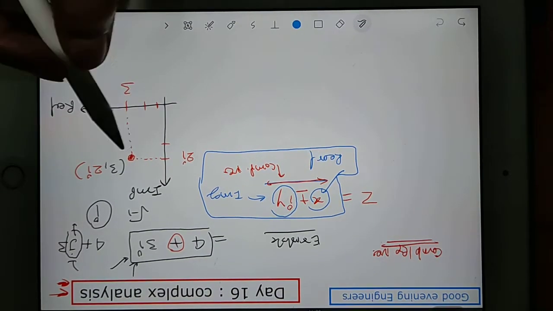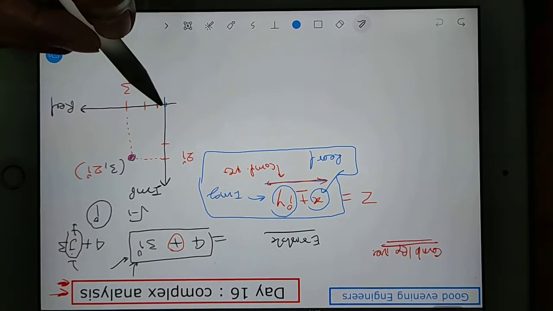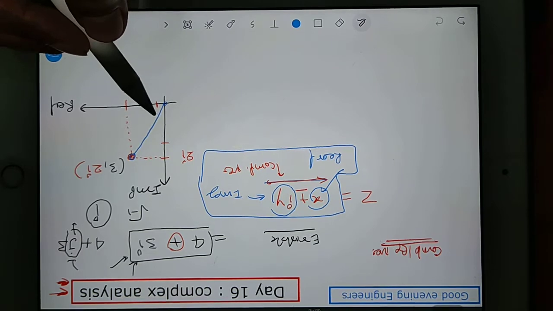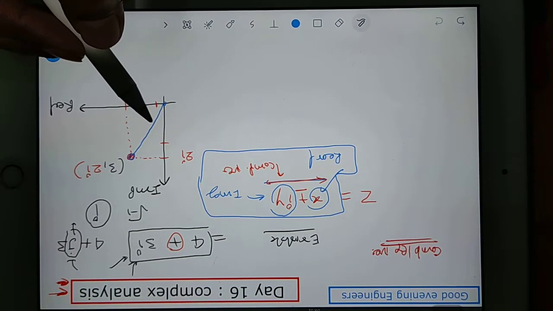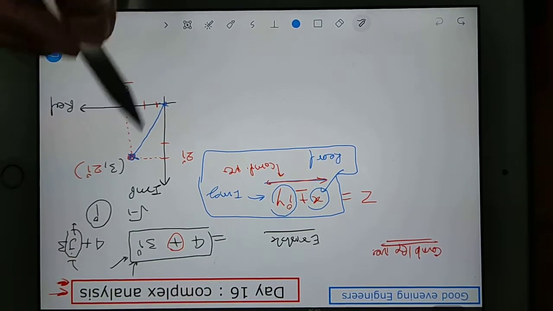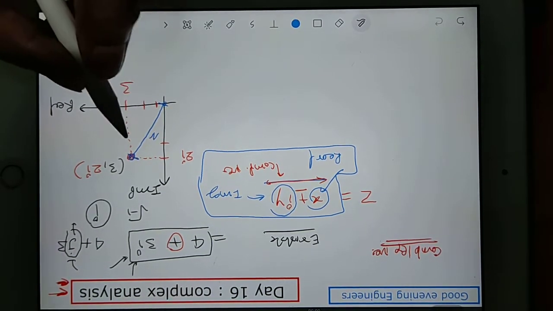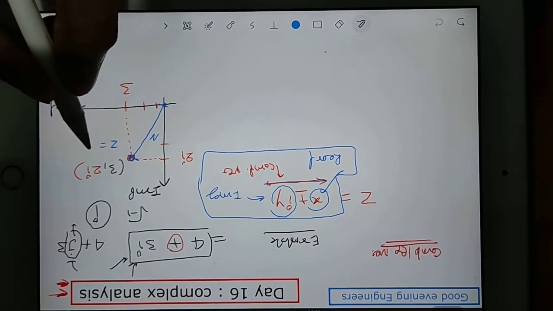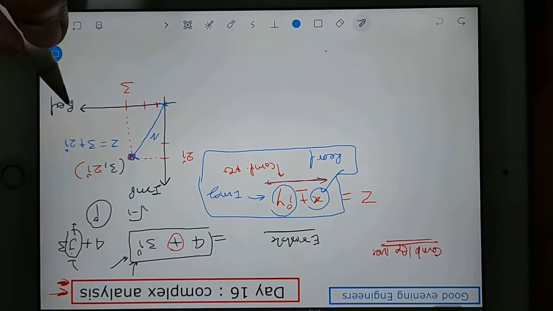Now when you join this point with the origin, it represents a kind of length. This length you represent as z, and the value of z is 3 plus 2i.